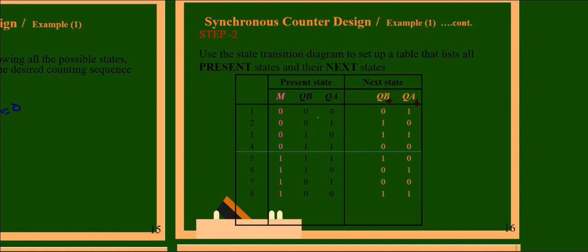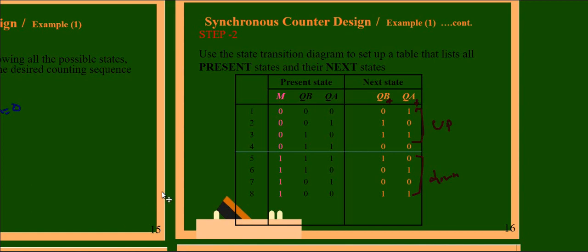When it is 00, the next state is 01. When 01, we know the next state is 10, 10 goes to 11, and 11 goes to 00. Similarly, when 11 it goes to 10, and 10 goes to 01. This portion is the down counter, and this portion is the up counter. It depends upon the M value.